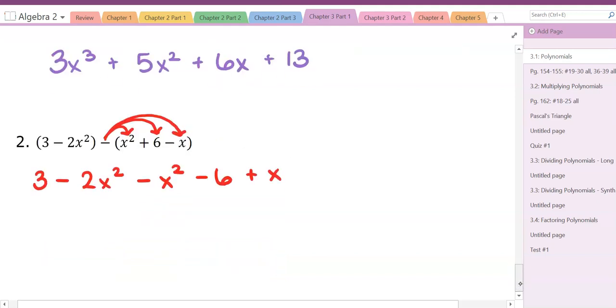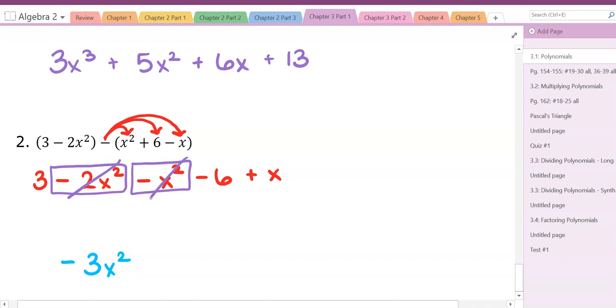Okay, so let's try to combine anything. What's the biggest exponent you guys see on this problem? So x squareds. So we've got negative 2x squared and a negative x squared. What would that be together? Good. I'm going to cross those off. Done.